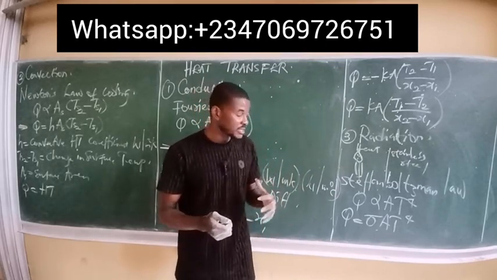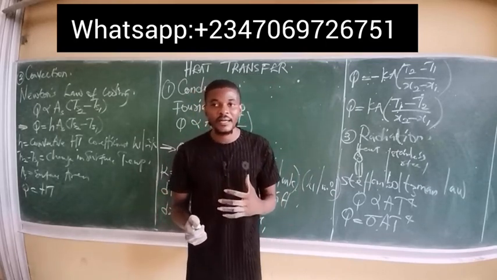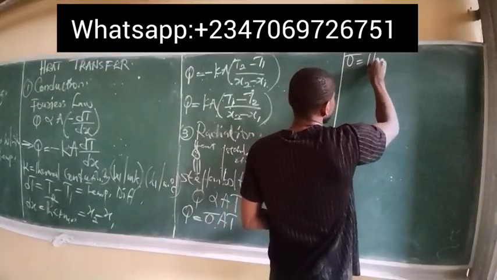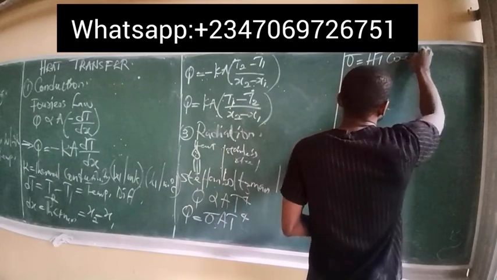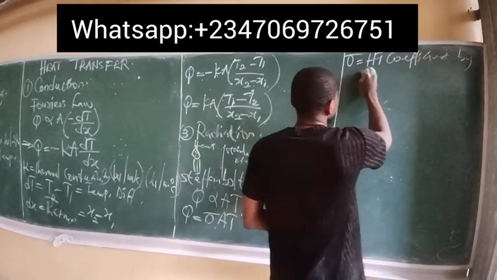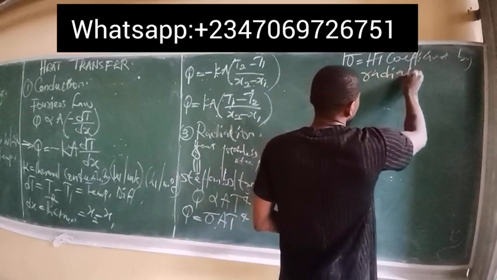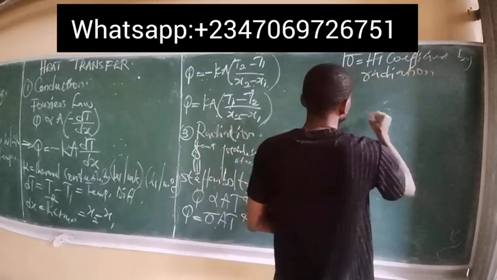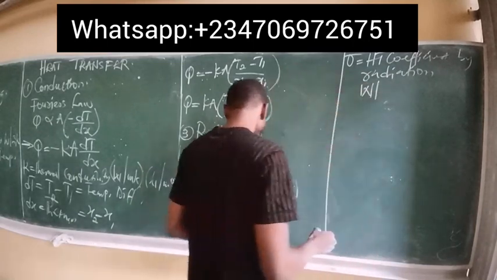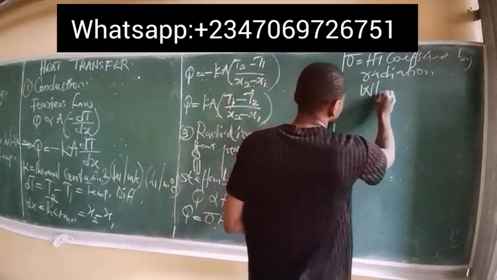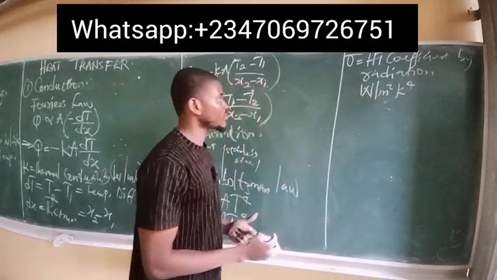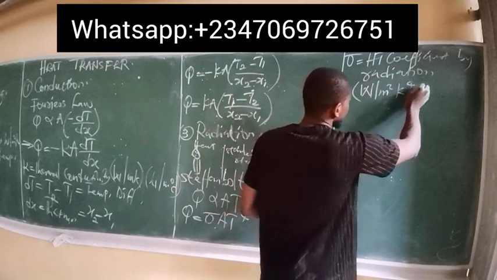So sigma equals the heat transfer coefficient by radiation, and the unit is measured in watt per meter squared Kelvin to the fourth. That's the unit of sigma.